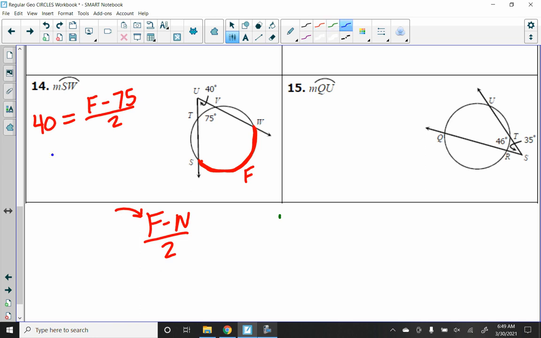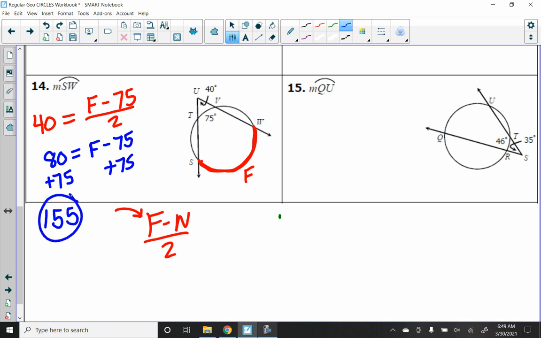Multiply 2 to both sides. Now add 75 to both sides to get your far arc. There's how you get it.